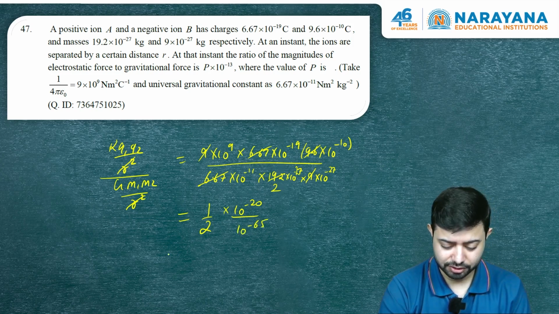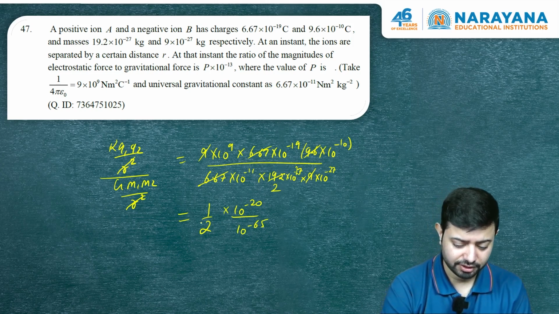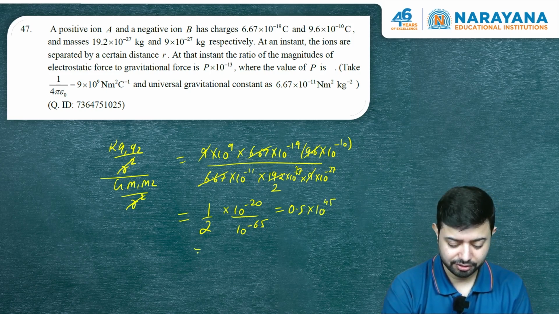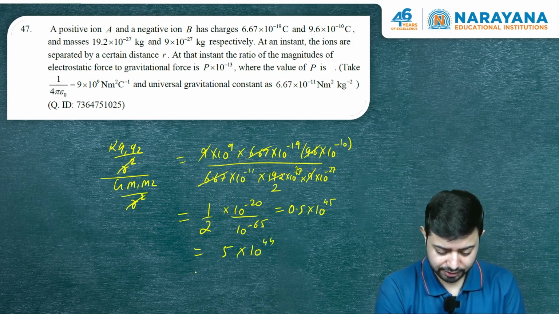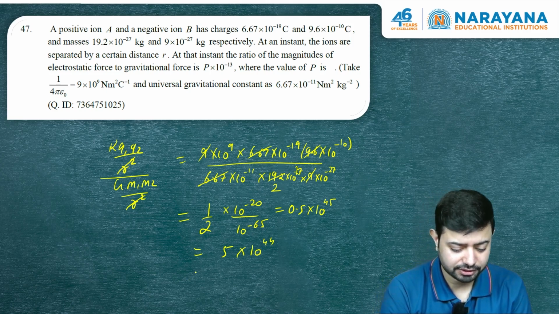So, now the question arises, is it matching with some sort of numbers given here? Let us see. If you put these numbers in more simplified form, it is 0.5 into 10 to the power 45, something like 5 into 10 to the power 44. So, is it matching? Well, I do not think it is going to match, right.